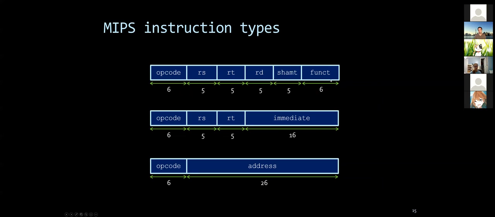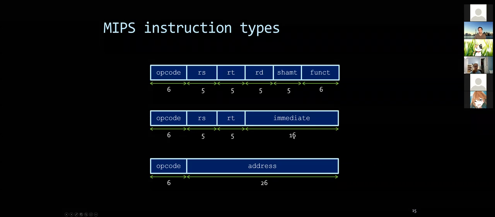But remember, there can be instructions that also deal with immediate values, right? Immediate values are constants. This is when you want to add, say, register 10 to a constant 128. So you need to be able to write this, and this is where the constants are stored. The maximum size constant you can deal with is a 16-bit constant in the MIPS architecture.